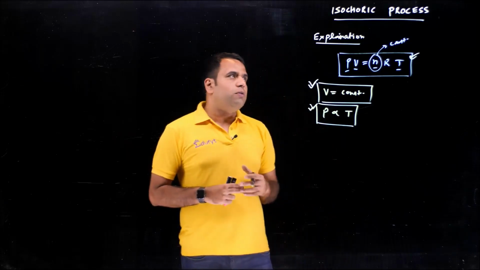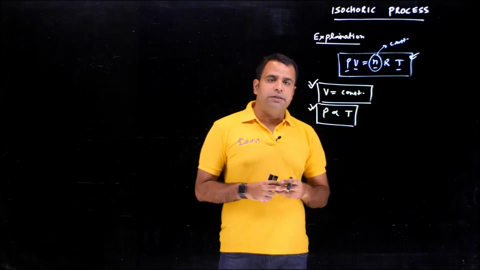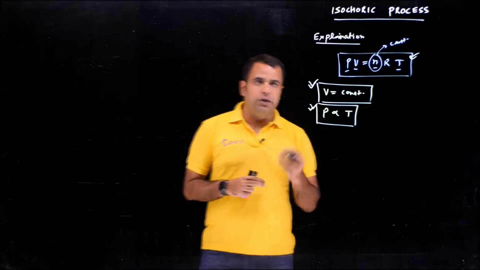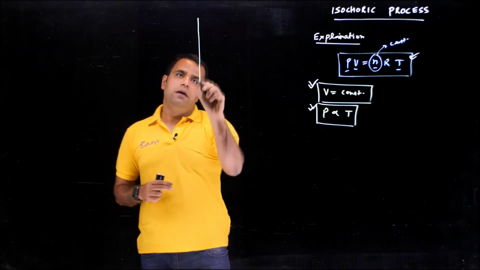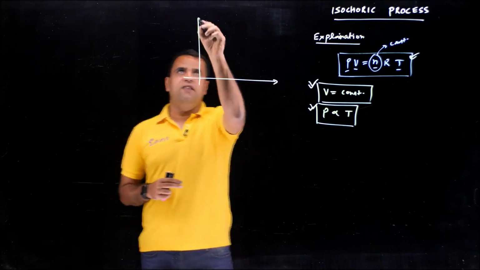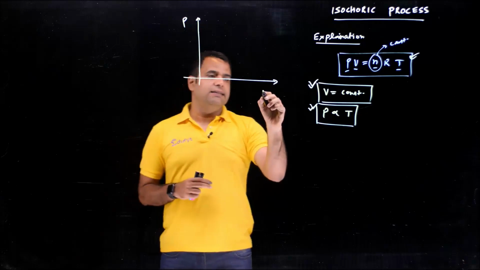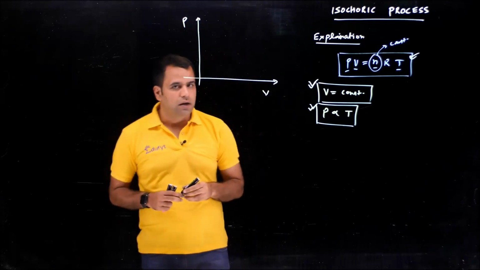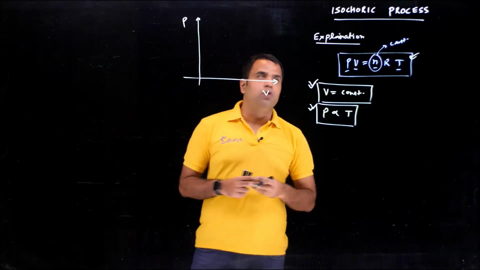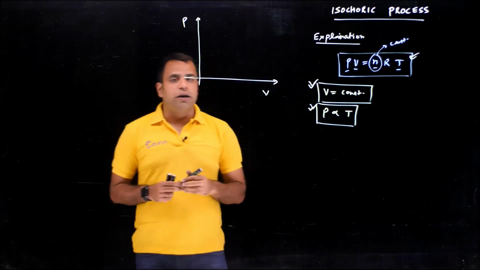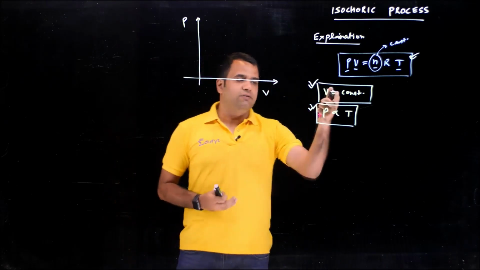Now we want to explain the isochoric process in graphical terms also. If I plot a graph between pressure of a gas and the volume of the gas, and if I want to show the isochoric process on this graph, the equation is V is constant.